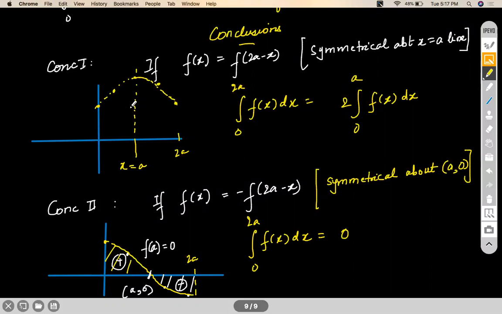So in the even-odd property, your x equal to a line was your x equal to 0 line, and your function was f of x equal to f of minus x. In the second conclusion, f of x was equal to negative f of minus x. That means your function was symmetrical about the origin. So the end result doesn't change. Even if your function has shifted by a units, the property doesn't change, the area doesn't change.